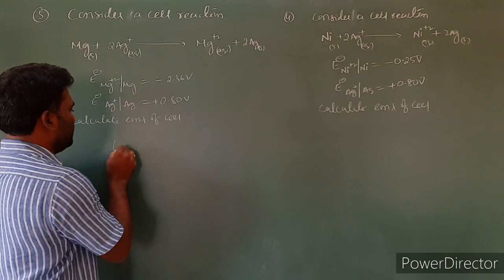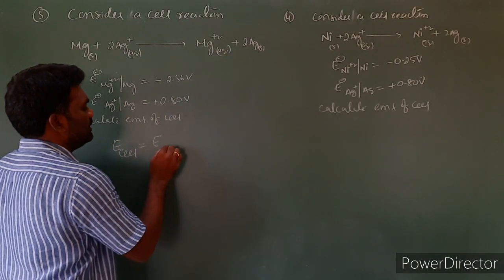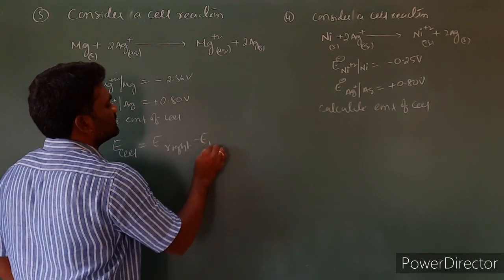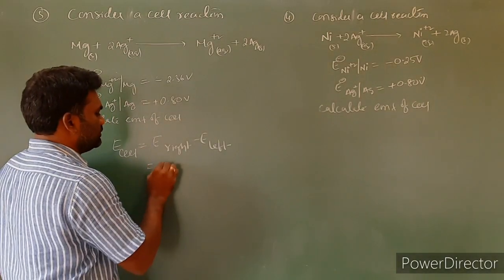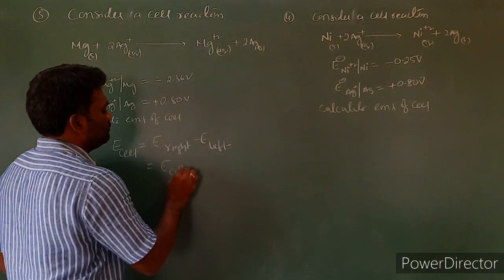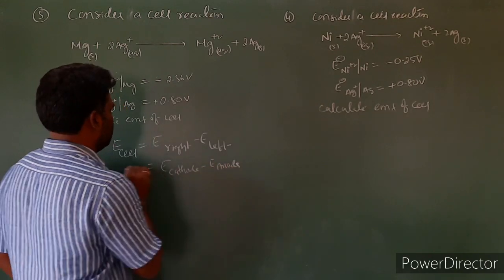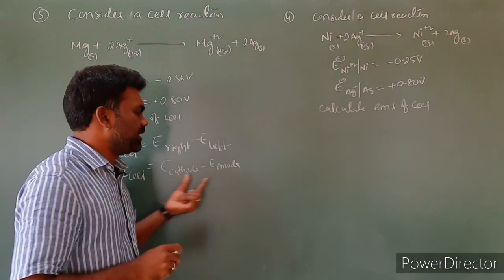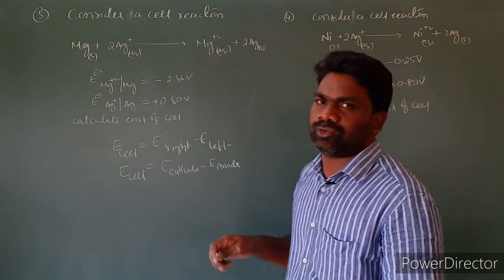Then what is the formula? E cell is equal to E right minus E left, or you can use E cathode minus E anode, or one more formula, E reduction minus E oxidation. First, we have to identify which is anode and which is cathode.